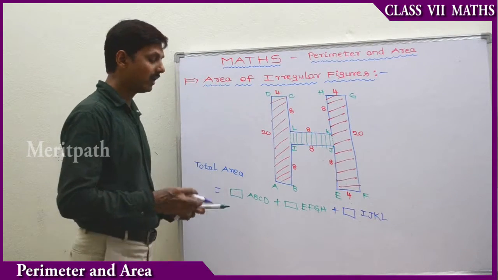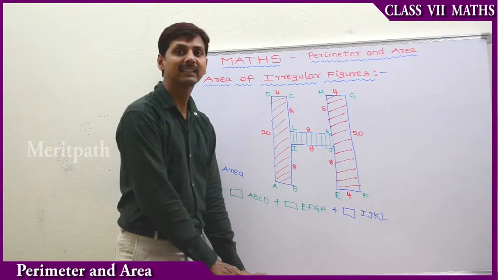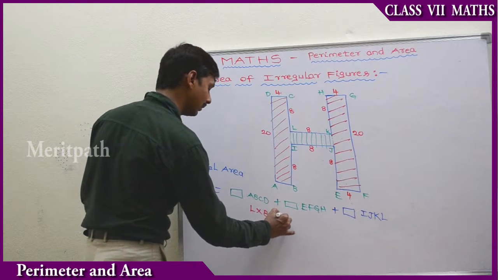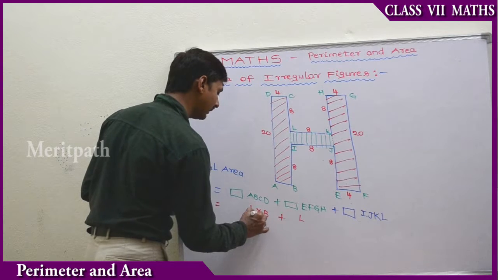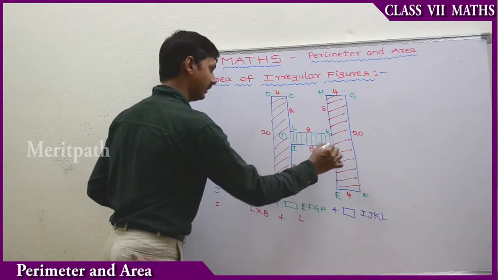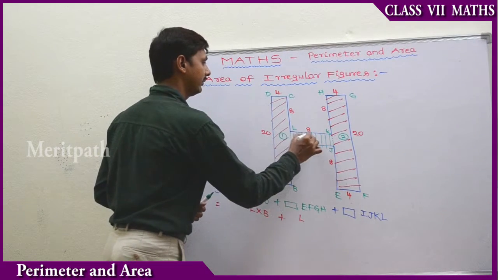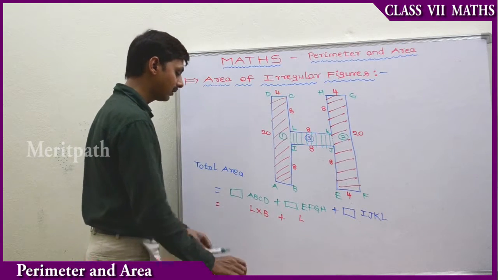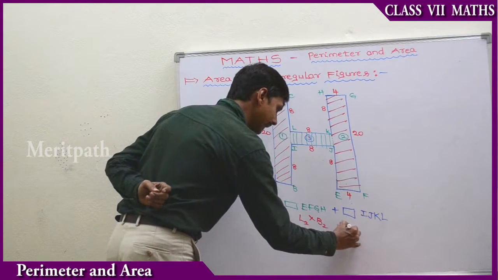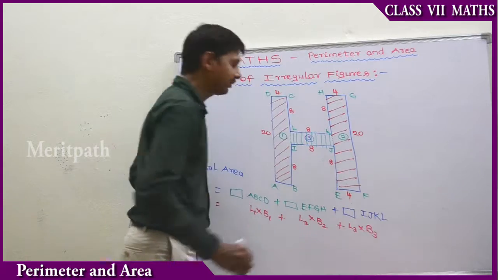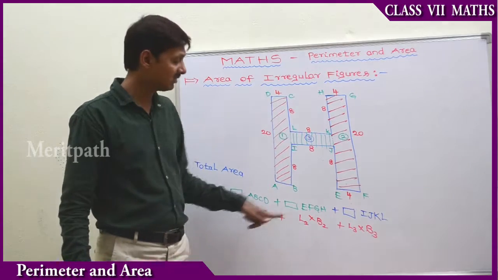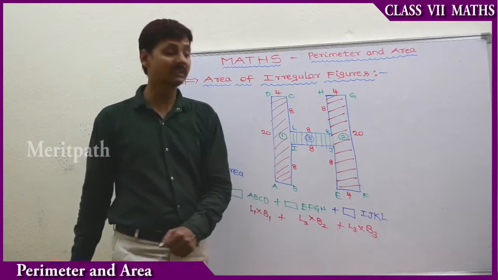So the total area of the figure is found by dividing it into all three rectangles. As we know, the area of a rectangle is length into breadth. So let's write L1 B1 for the first, L2 B2 for the second, and L3 B3 for the third.